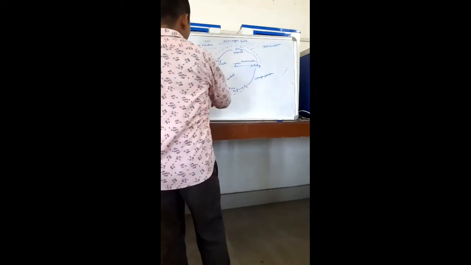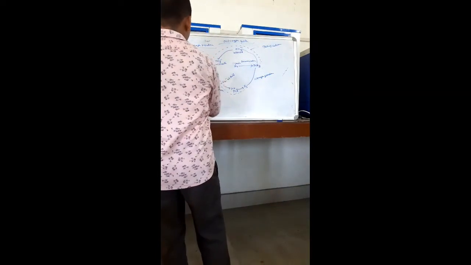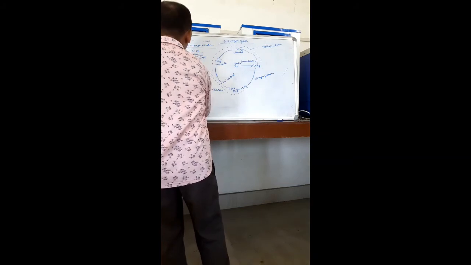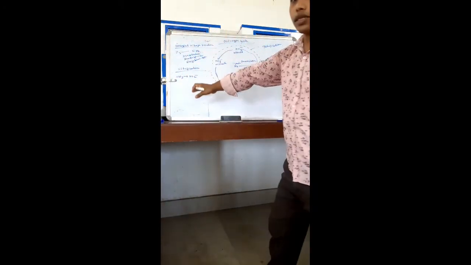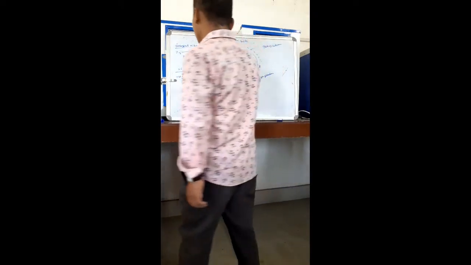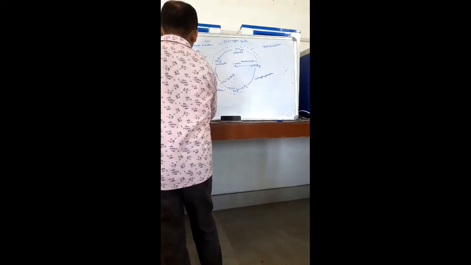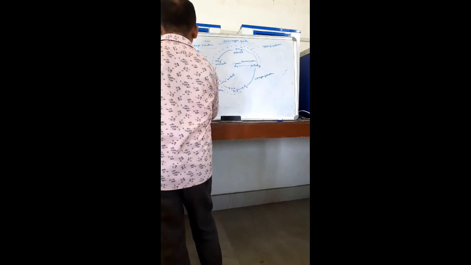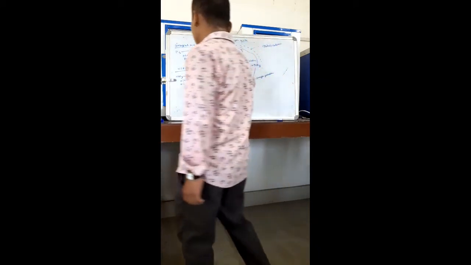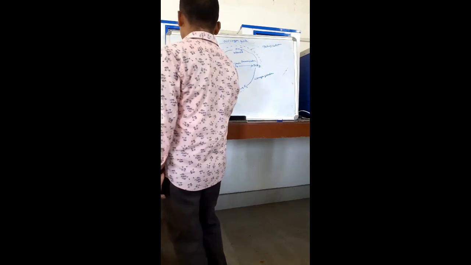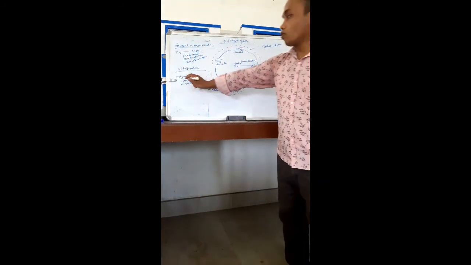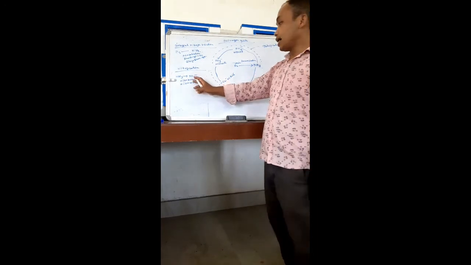First, from ammonia, it produces nitrite ion, NO2. During this process, the microorganisms involved are Nitrosomonas, Nitrosococcus, etc. So this is from ammonia to nitrite.